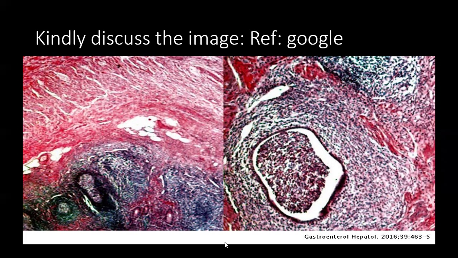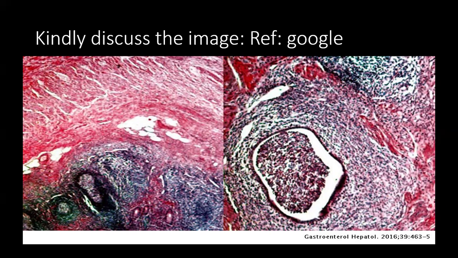There's clear demarcation of the normal tissue and the dark inflamed tissue, just like the necrotic. This is on the right side, endometriosis you're looking at.